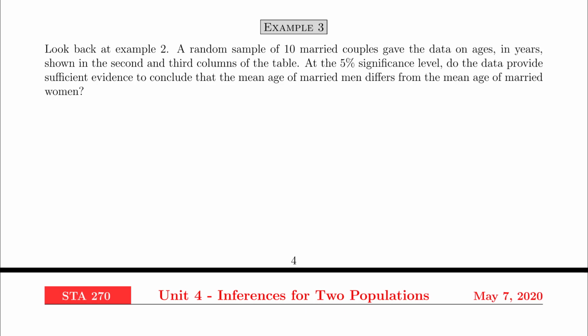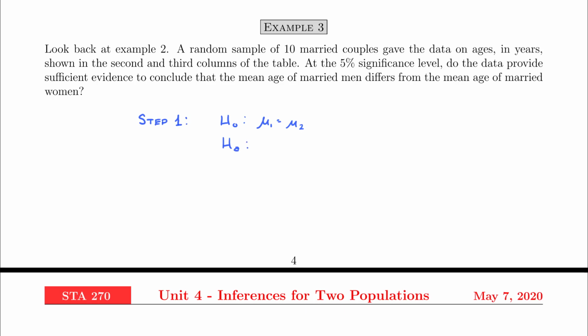So we follow the same process. We do step 1, we state our null and alternative hypotheses from the box above. The null hypothesis is that the means are equal to one another.